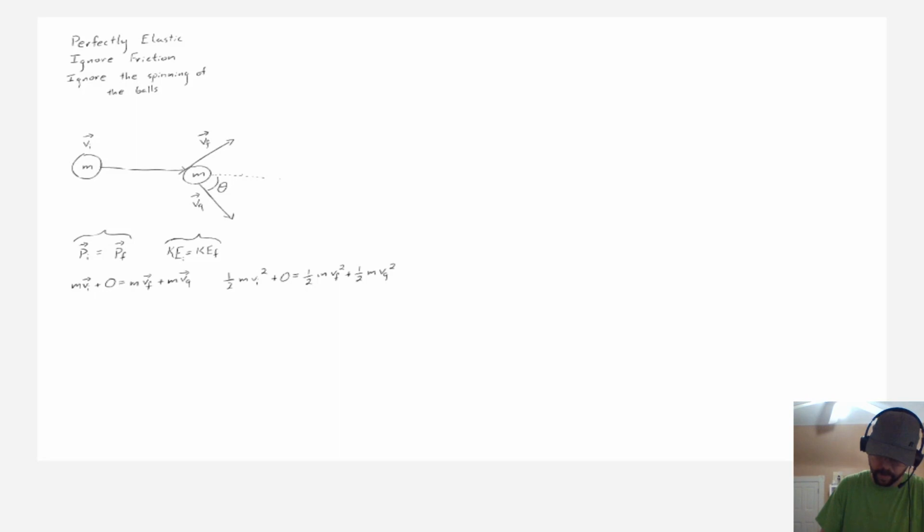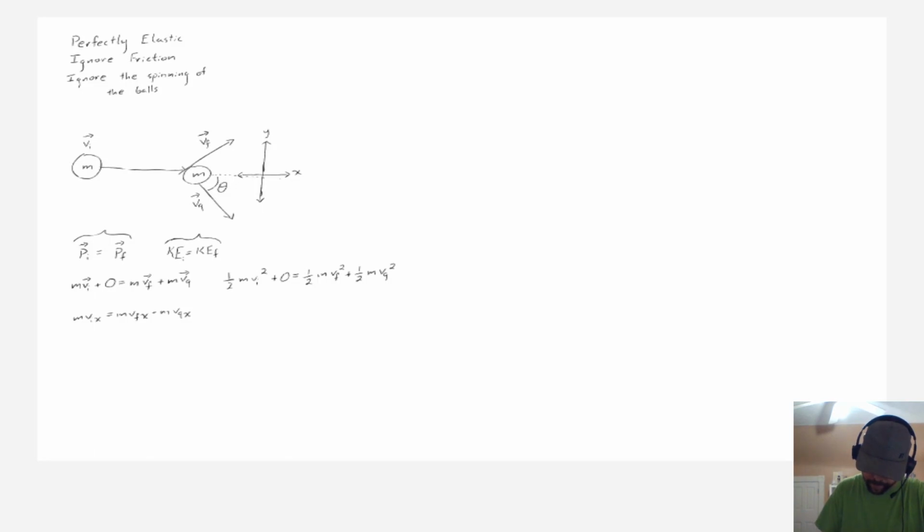So if I were to imagine that this direction is the x-axis, and this direction is the y-axis, except I would probably put the origin on the cue ball, but I didn't want to draw over the cue ball, we're going to have mass times velocity initial x equals mass times velocity final x plus mass times velocity of the 9 ball x.